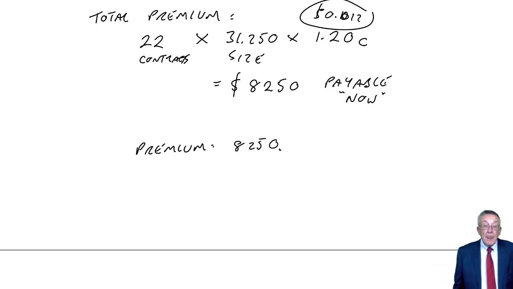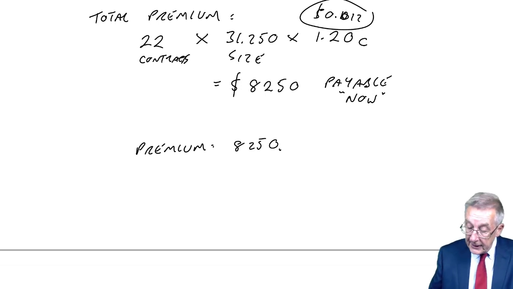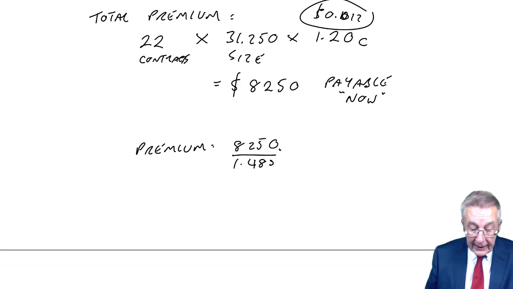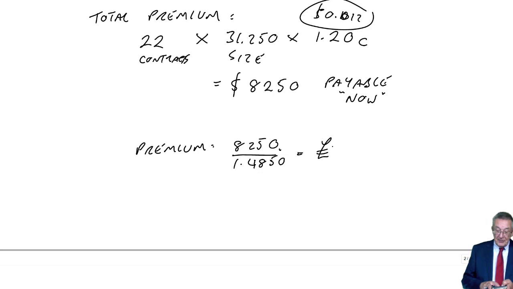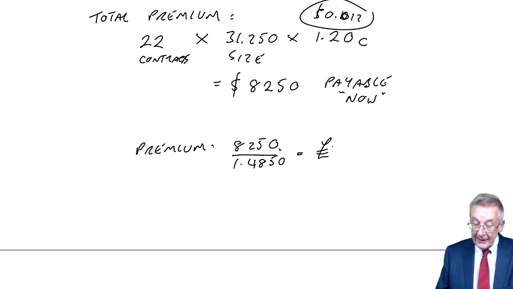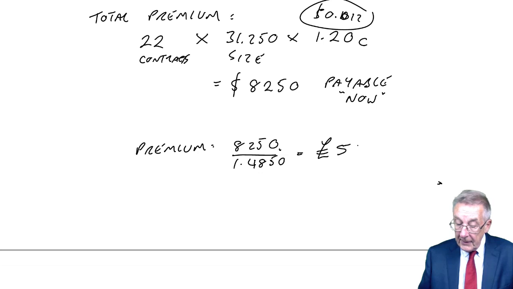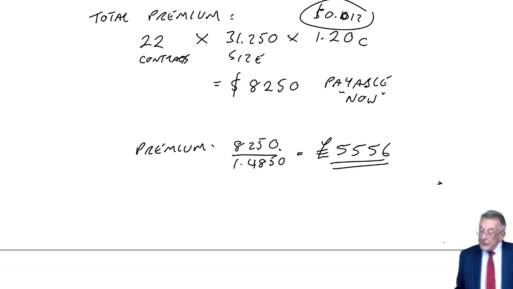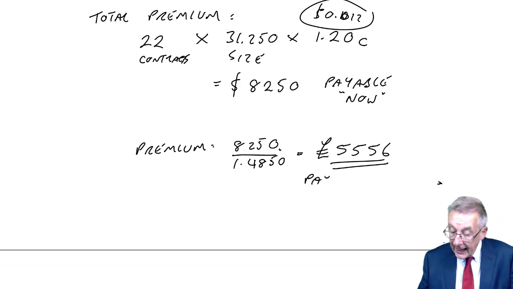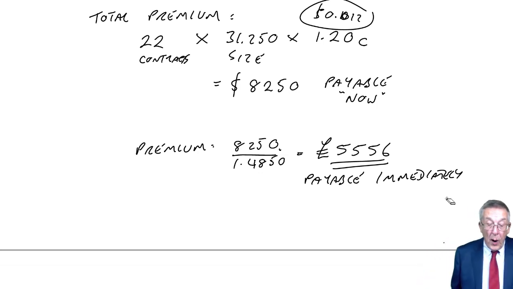So 8,250 is dollars. We'll need to buy dollars to make the payment. The dollar buy rate is 1.4850. And so finally for this bit, 8,250 divided by 1.485. The premium is 5,556. So there is the premium. It's payable immediately, and it's payable whether or not we exercise the option.